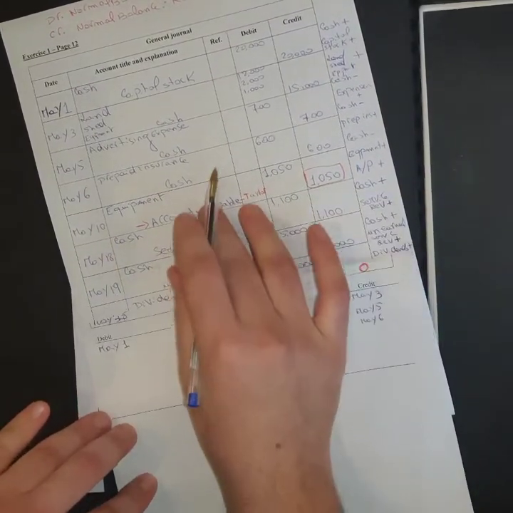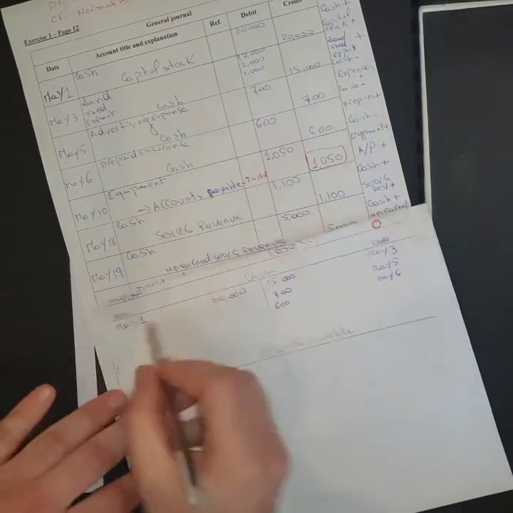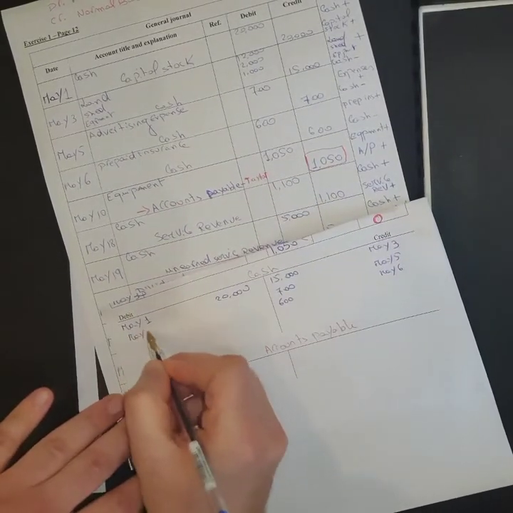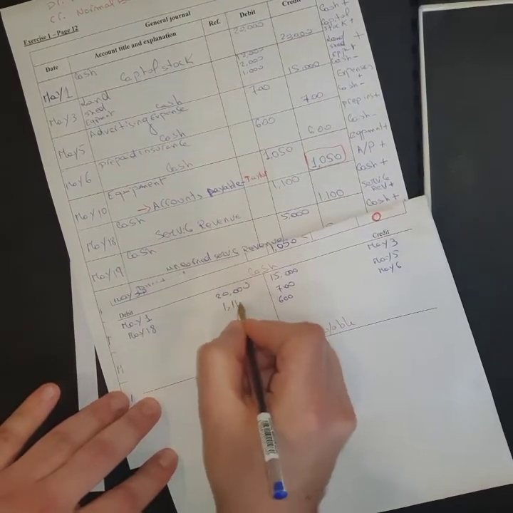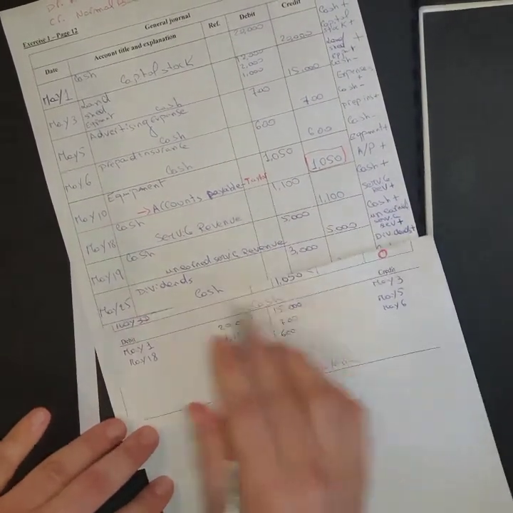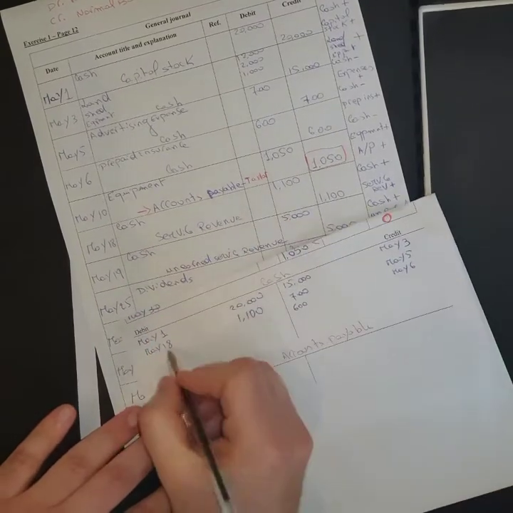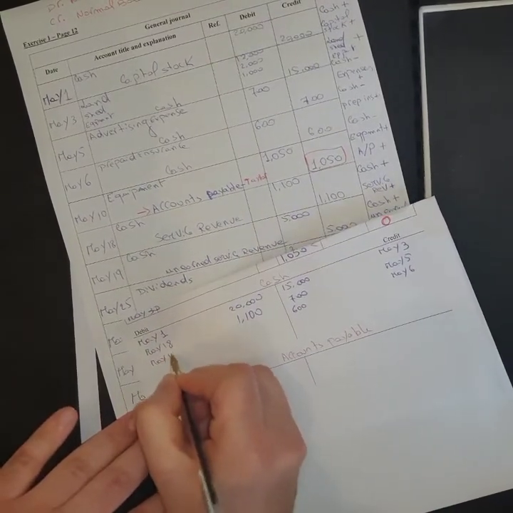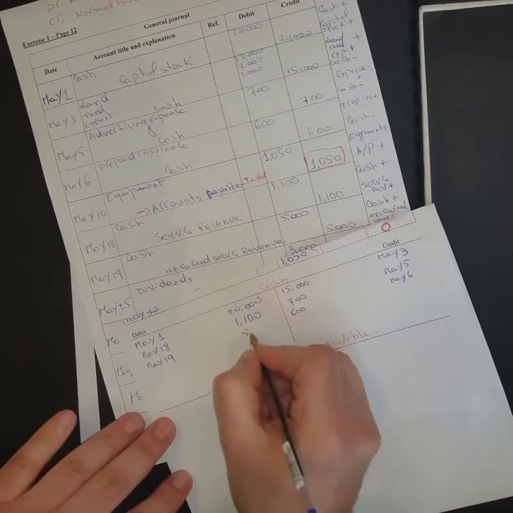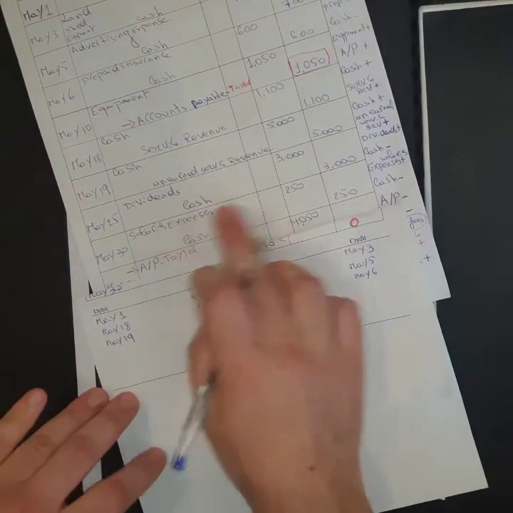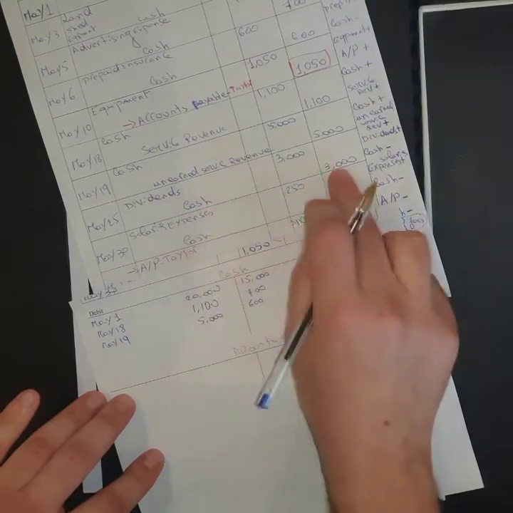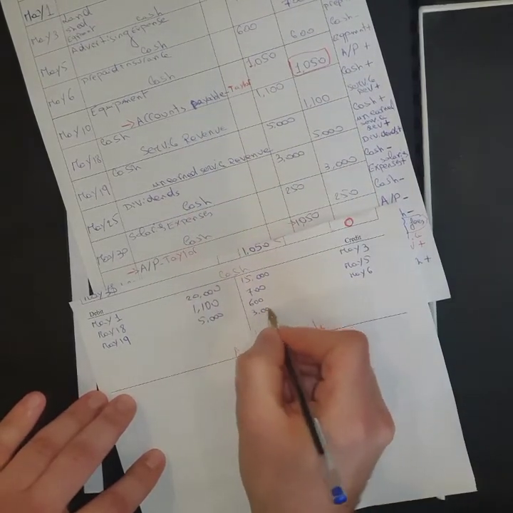May 10 no cash. May 18 debit for 1,100. May 19 debit for 5,000. May 25 credit for 3,000.